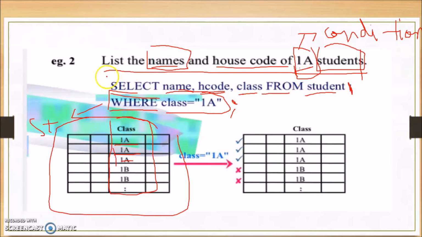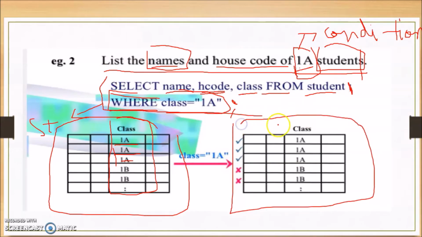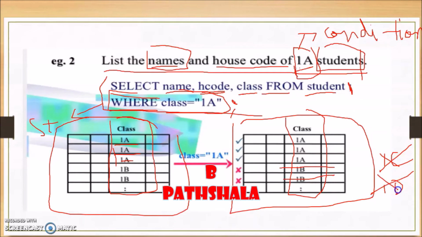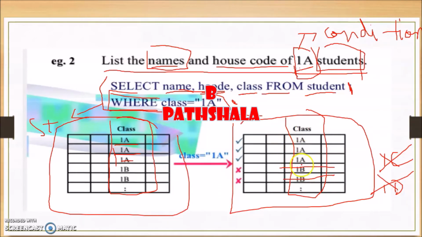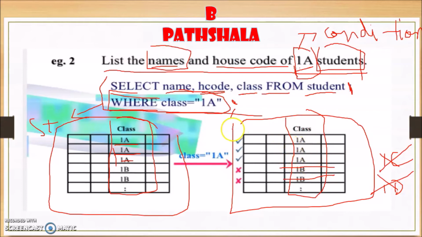When we go with this query, we would get this result: a table containing a class column showing only the 1A data. The data which is 1B and so on, like 1C or 1D, would not be there. Other than 1A the records would be removed.